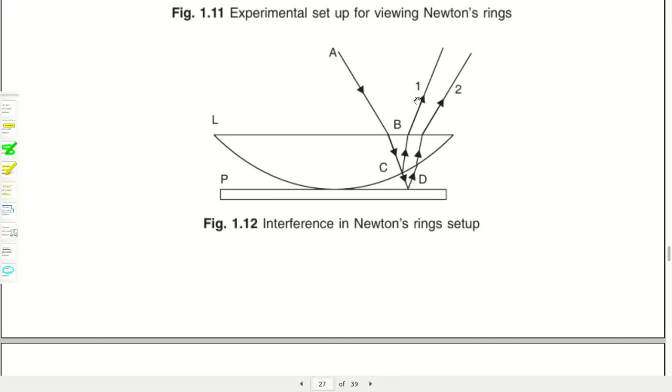So this is the phenomenon of division of amplitude, and the division of amplitude interference pattern will be observed here, from the wedge-shaped film, because there is a wedge-shaped film here.